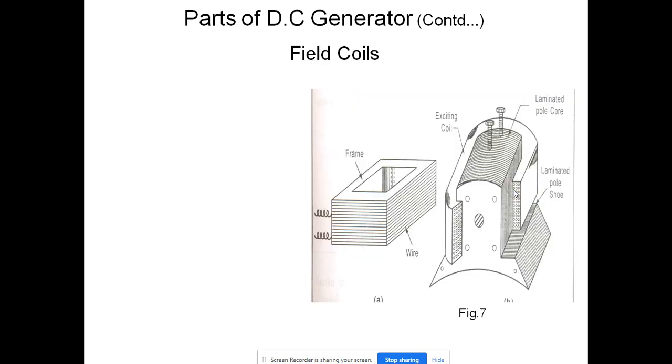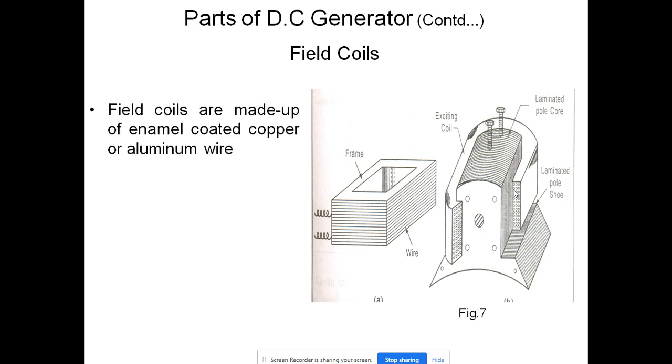And now let us see about the field coils. These field coils are mainly made up of enamel coated copper or aluminum wire. Mainly we use copper with enamel coating.